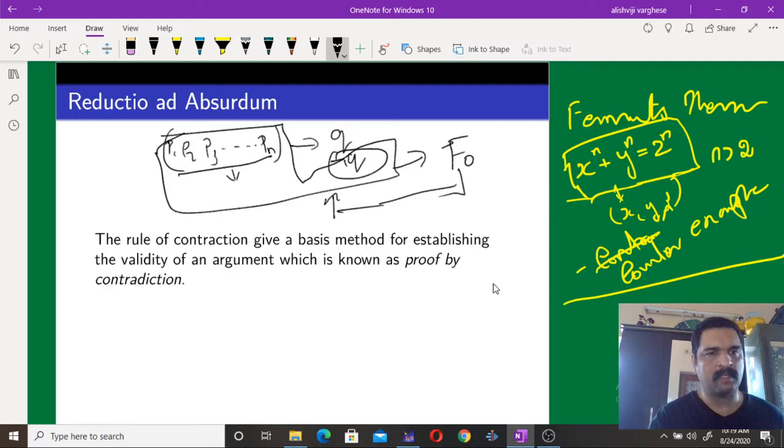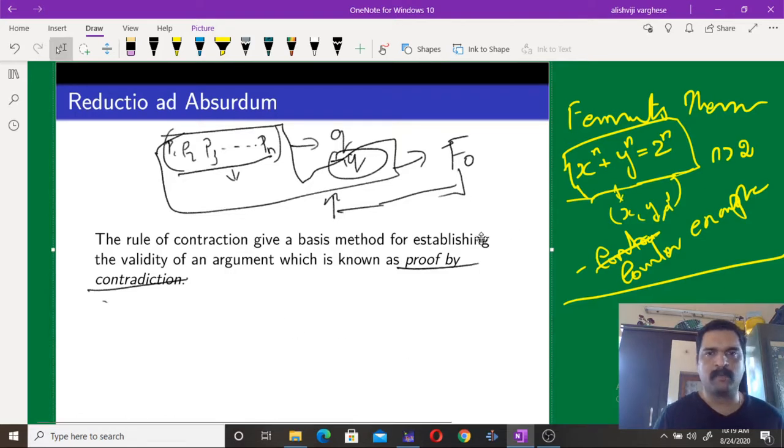We cannot change the truth value of the premises, but what is wrong is our assumption that negation Q is true, which means Q is true. So this method is known as proof by contradiction, and that's again a powerful tool in proving results in mathematics.